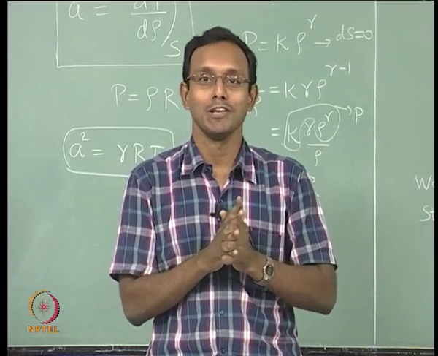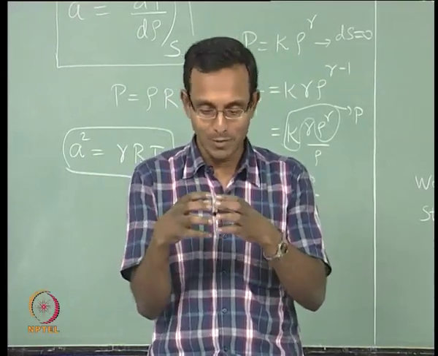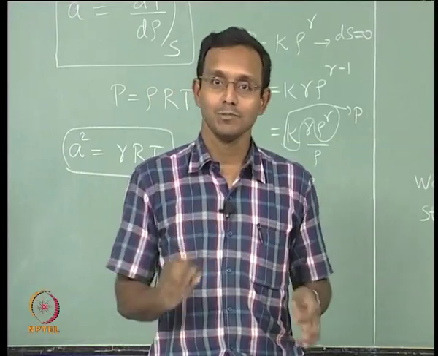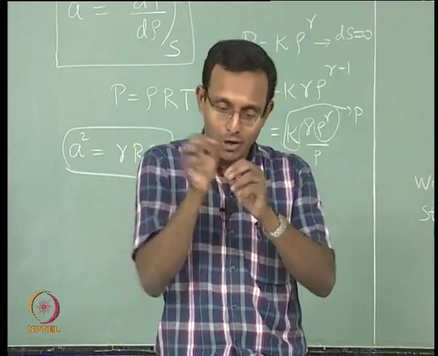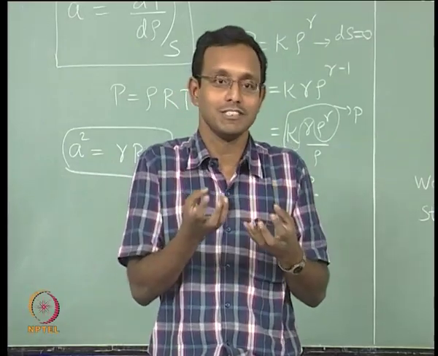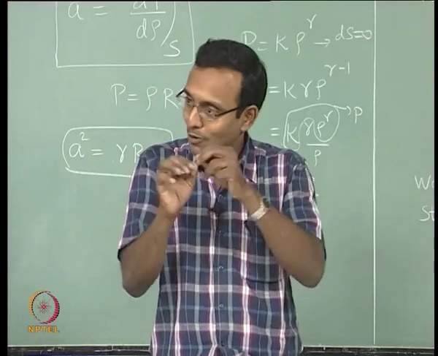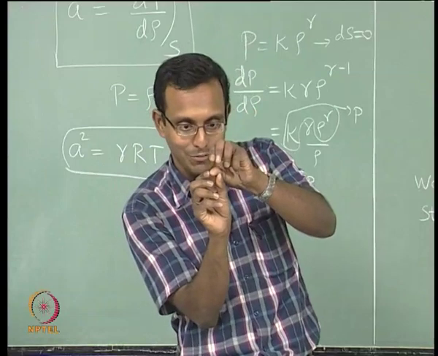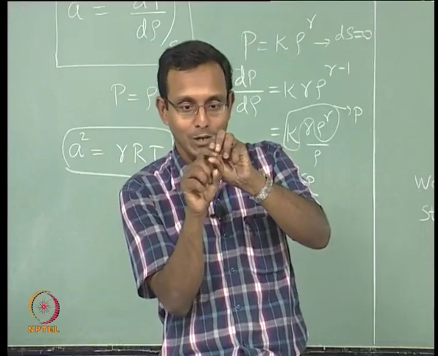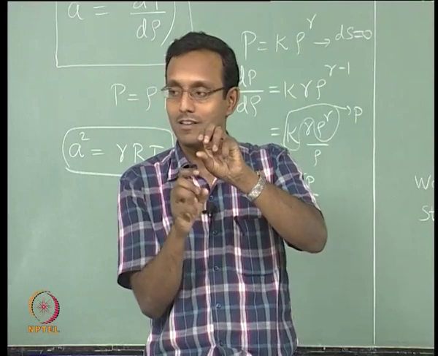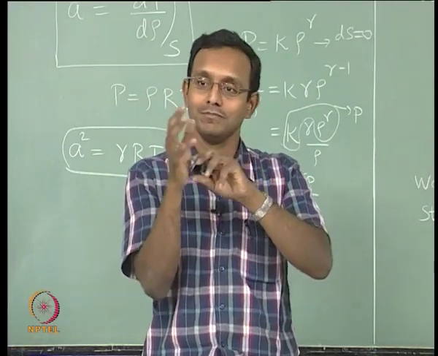If there are so many molecules present in 1 cc, that small volume, and they are all colliding, they are not just sitting idle, they have some energy because of temperature, they are all colliding in all possible directions. So the immediate next cc of fluid elements is going to collide with this particular set of particles. So there is always information transfer.